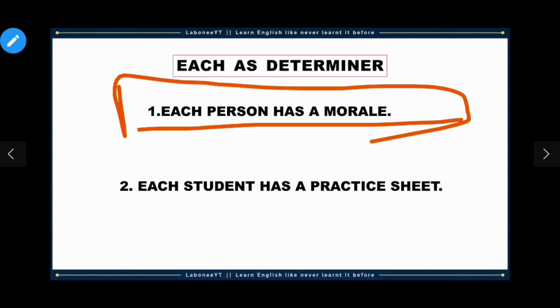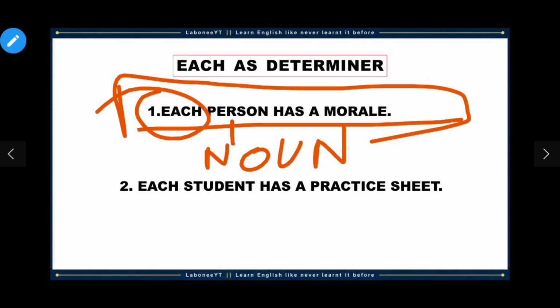So if we observe this thing more carefully, we can see the placement of each where we have used it, and we know we use a determiner before a noun. Likewise, in this example, we have written each before a noun, that is person. And here each determines the person who has a morale, because we use each with a singular form of word and person is a singular noun.